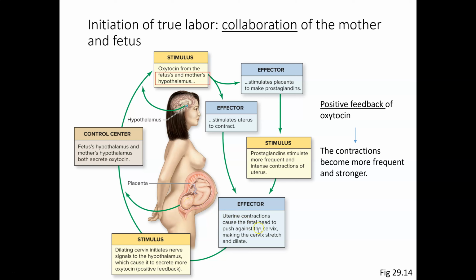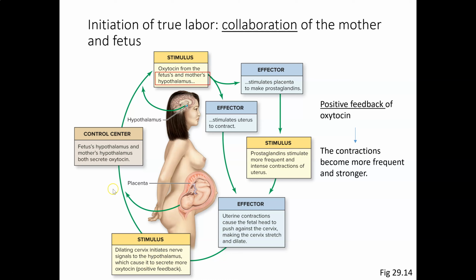And the fetal head is going to push the cervix to become thinner, to dilate and be stretched out. And when the cervix is stretched out, it becomes thinner. And then the dilated cervix actually has receptors there, so it's going to relay the signal that the cervix is dilated and stretched to the hypothalamus.